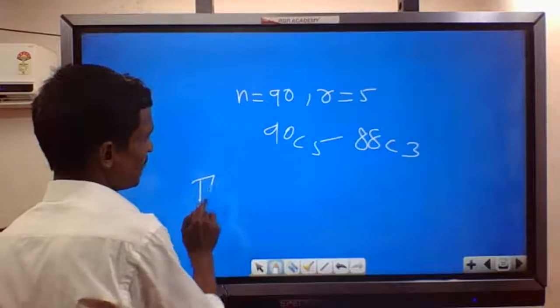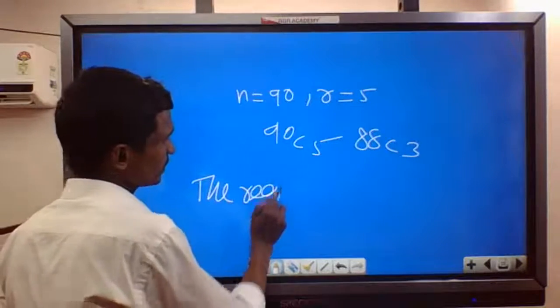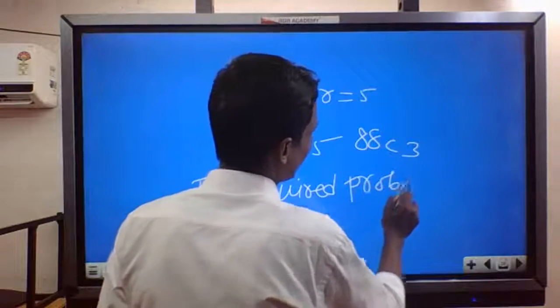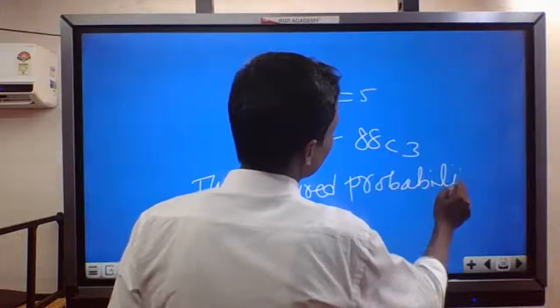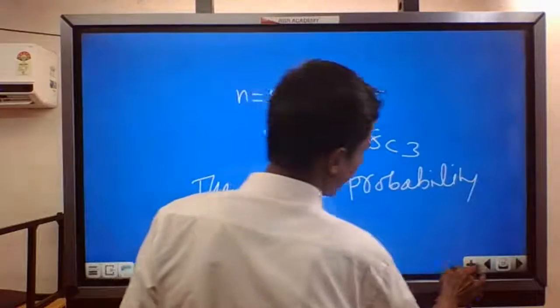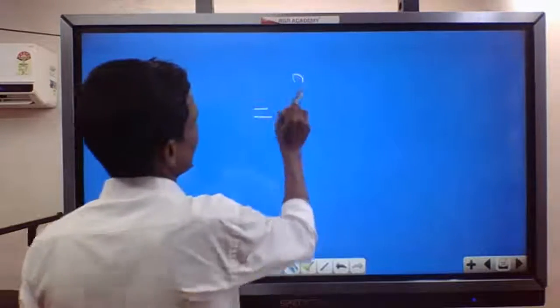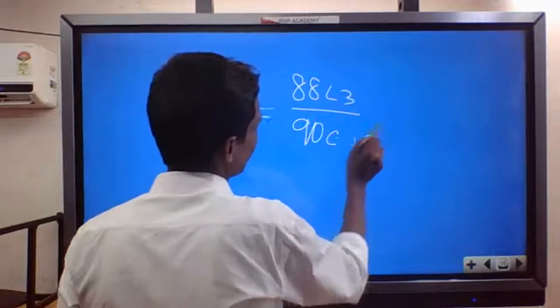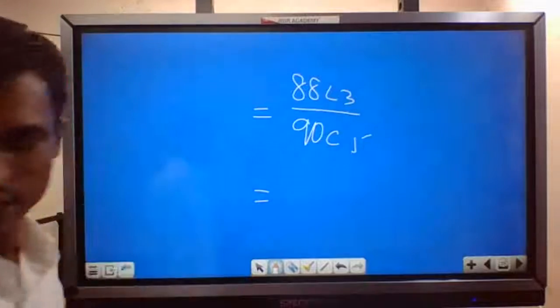The required probability is 88 C3 divided by 90 C5.